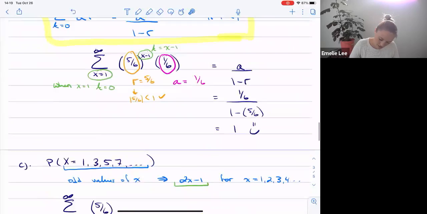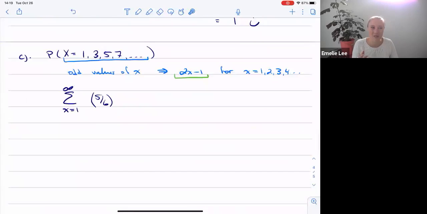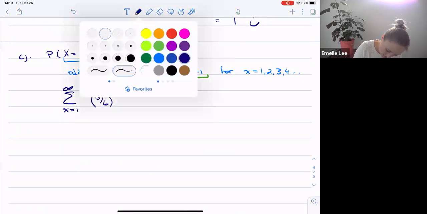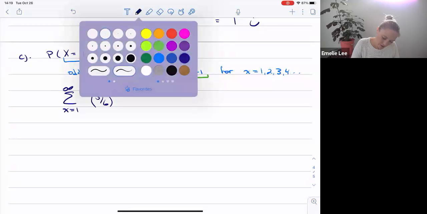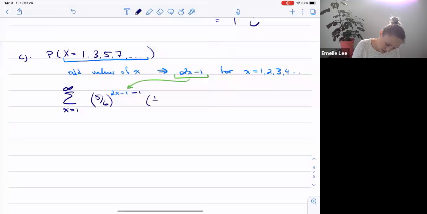That's all right. We can deal with that. In fact, it makes it easier. So we want 2x, and maybe I'll do it in light blue again, 2x minus 1, then minus 1. So that's from here, times the 1 over 6. That's the same as before.